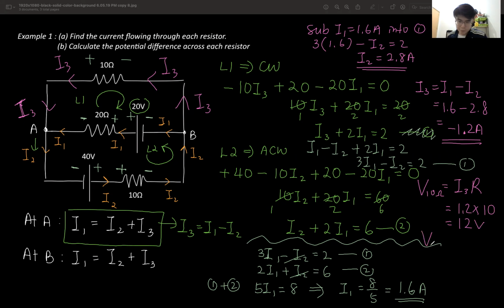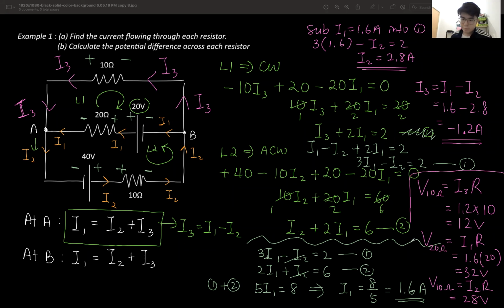And potential difference for the 20 ohm, I1 R, equals I1 is 1.6 times 20, 32 volt. And potential difference for another 10 ohm is I2 R, is 28. This one is for B.